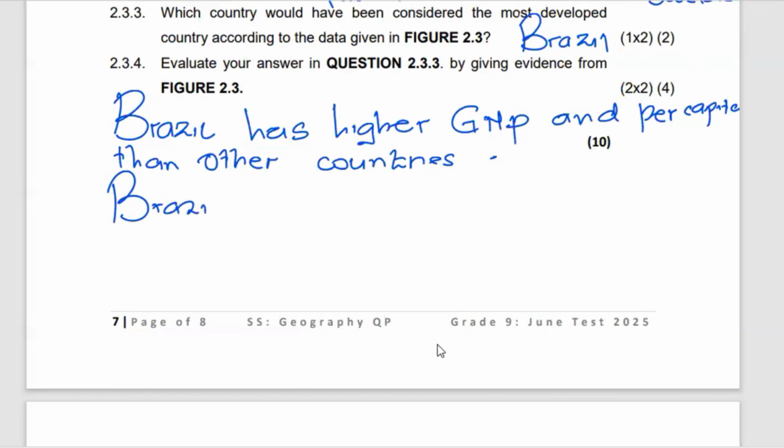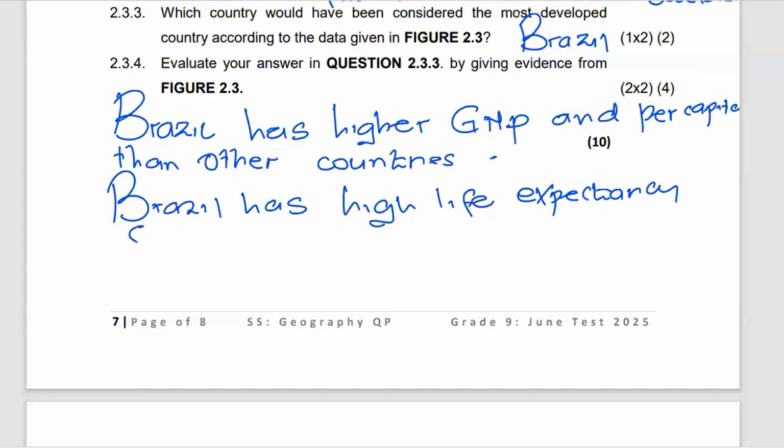Brazil has higher life expectancy compared to other countries.